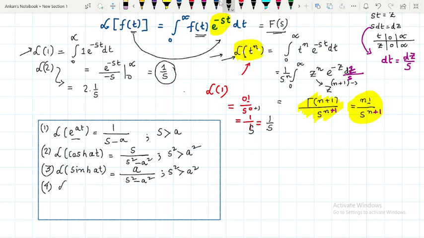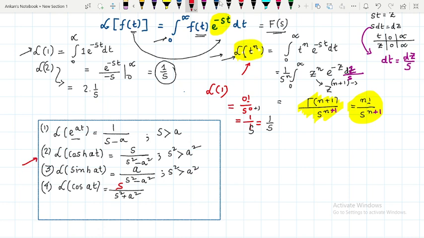Next we have to find the Laplace transform of cos at. How can you do this? You first change the cosine into the exponential form. Next you integrate with the help of the definition. Nothing more difficult. If you do this, you will obtain s by s square plus a square, so in the numerator s is always present.